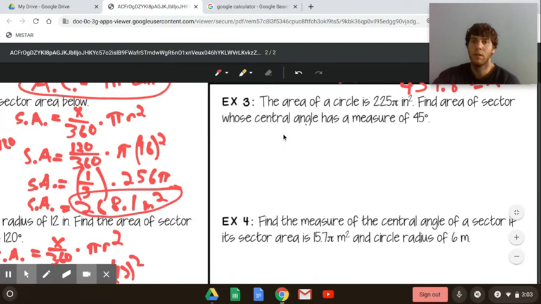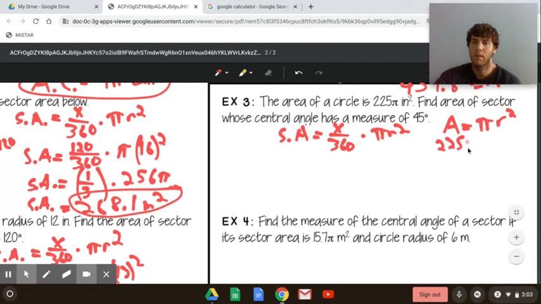So if we look at our formula, sector area equals x over 360 times pi r squared. Right, we know area equals pi r squared. So we know that 225 pi is going to equal pi r squared.